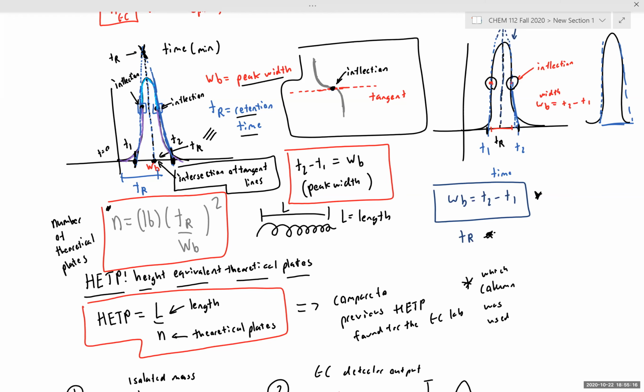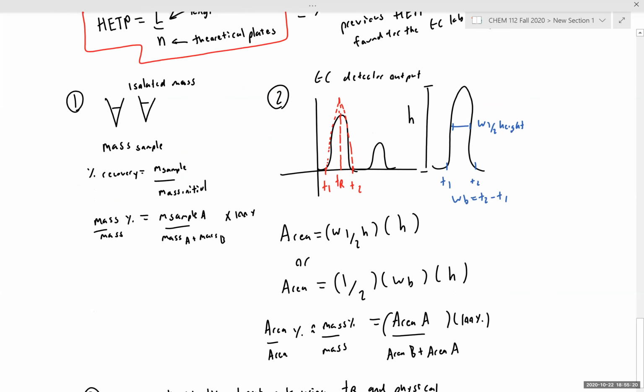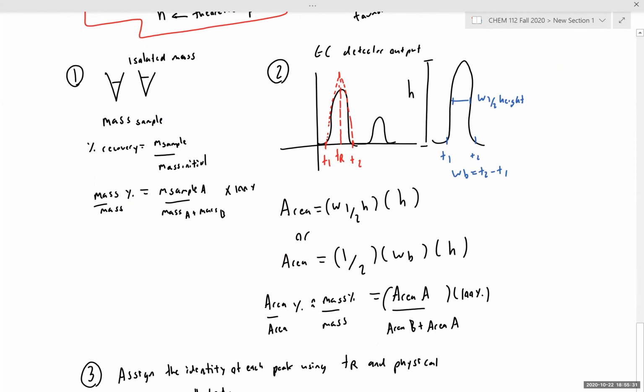Okay, so from your GC detector output, from your raw data, we can calculate the percent recovery and the mass over mass percent. This is from isolated masses for each fraction. We can then calculate, using the peak area, the approximate area over area percent.